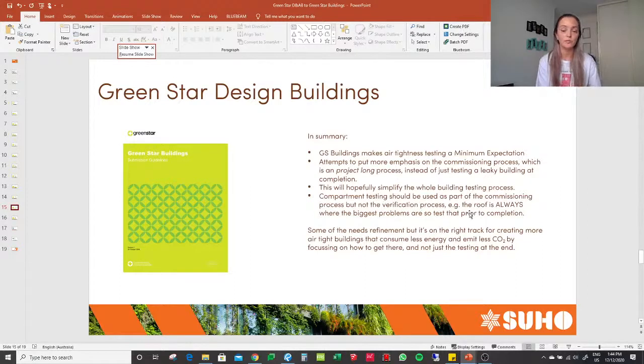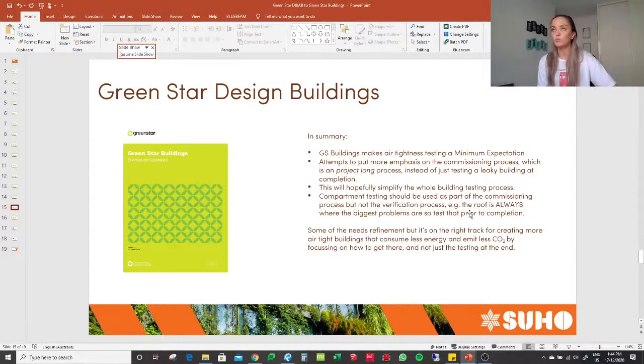The roof, or the bottom floor where all your entry doorways are, and the roof where all of your mechanical systems are, those are the weak points in a commercial building. So if you can identify early in your project where the issues are in those two spots, then the outcome is going to be more favorable.